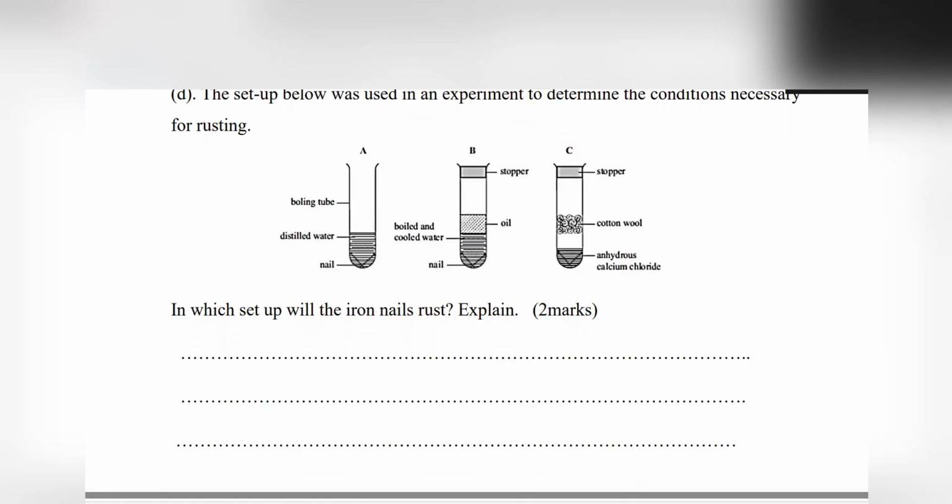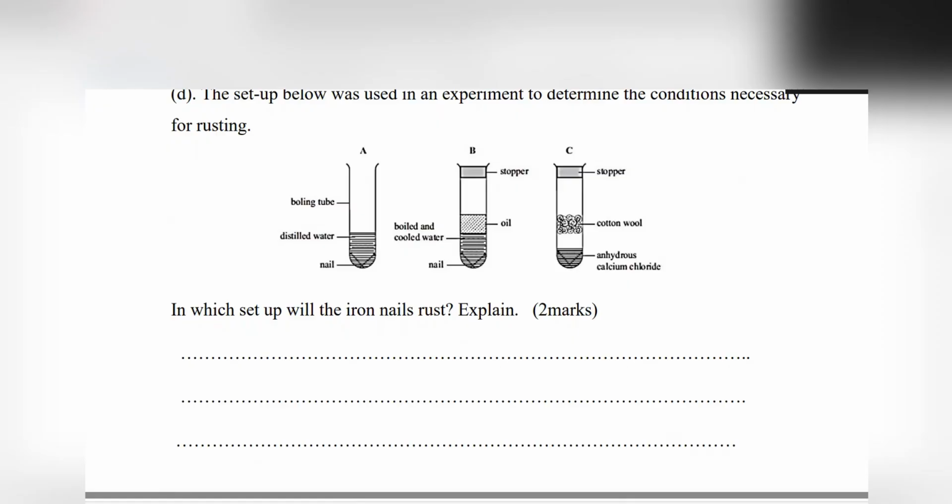In setup 3, that is C, we have anhydrous calcium chloride that is used to absorb moisture. We have the cotton wool, which prevents again the moisture from coming into the nails and of course the stopper there.